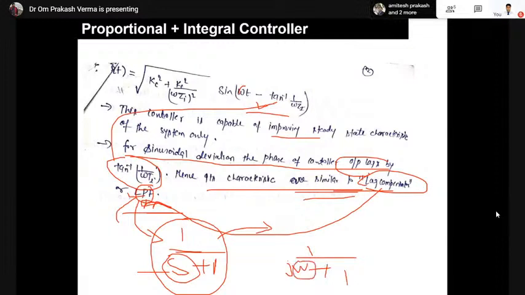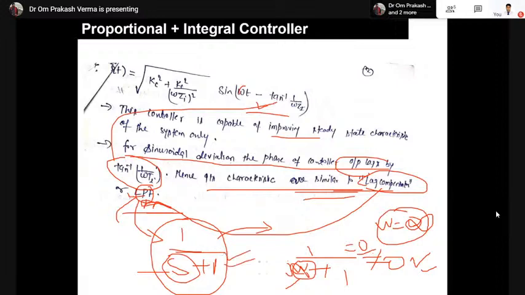Check omega equal to 0. Omega equal to 0 means you are sending a low frequency signal, and you get a non-zero value, which means the low frequency signal is passing. Now put a very high value, infinity. When you put infinity, the response is 0, which means no high frequency is going to pass. So such a system is similar to the low pass filter.